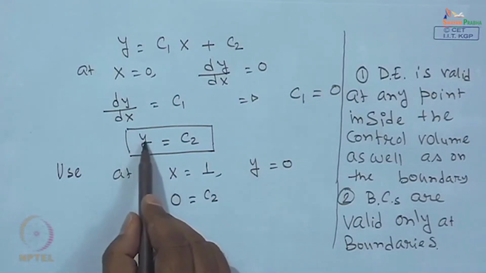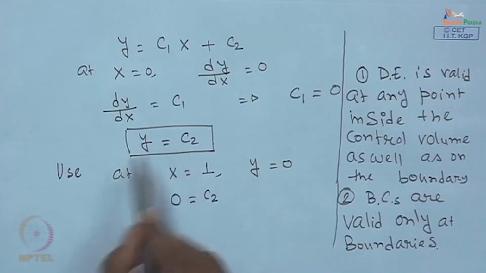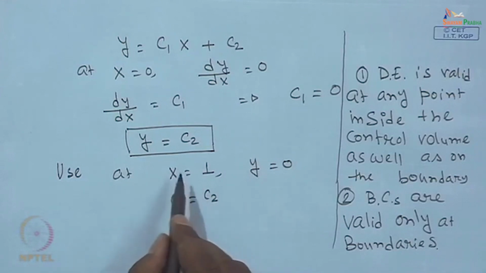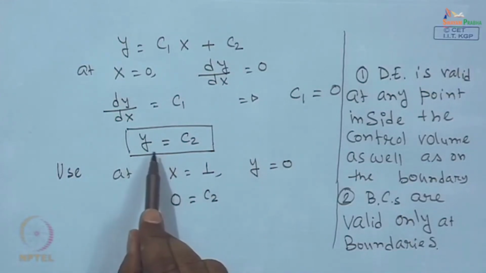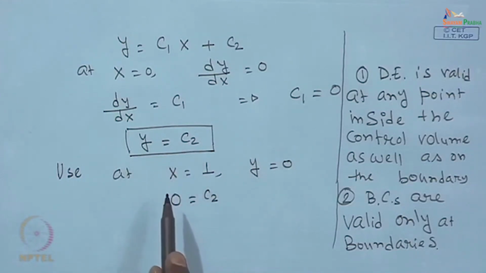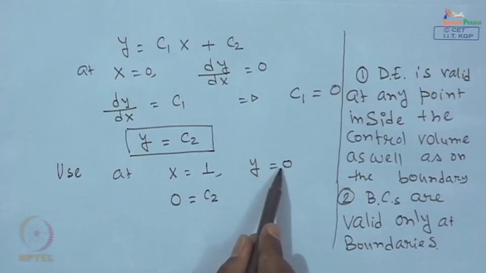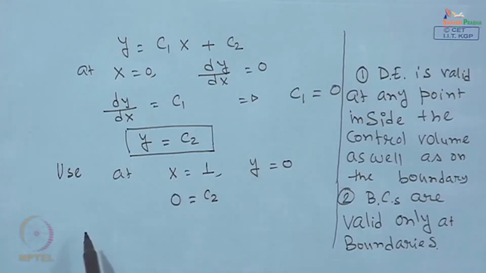So, therefore, my differential equation must be satisfied at every point inside the control volume as well as it must be satisfying the boundary condition. Now, we have seen that the solution of the differential equation is a constant, that constant is equal to c 2, but the solution must be equal to 0 at the boundary x is equal to 1.